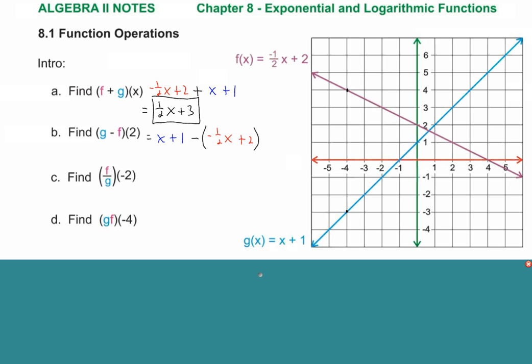So do you see already how this negative is going to distribute? So what do you get when you do the g function minus the f function? Okay, +1x and a +1/2x is a +1.5x or 3/2 x. And a +1 and a -2 when I distribute is a -1. Here's what you get when you take the g function and subtract from it the f function.